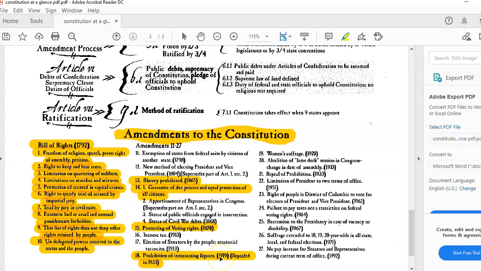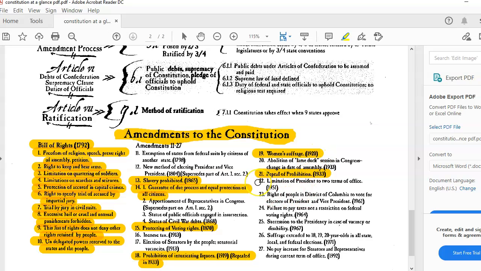That was 1919. And then it was repealed by Amendment 21, the repeal of prohibition, which made drinking, selling, manufacturing liquor legal again. Not to forget about the 19th Amendment, which we've talked about, when women got the right to vote on a national level, women's suffrage, 1920.